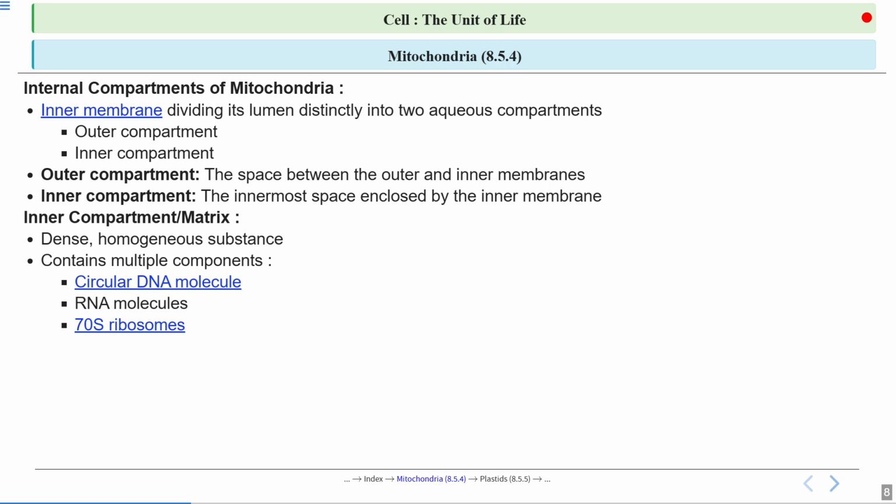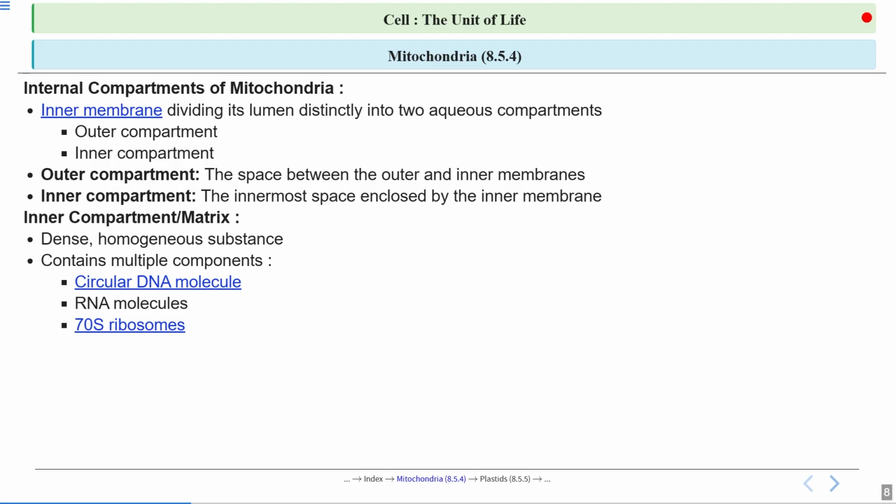So we can say that billions of years ago, maybe mitochondria was a bacteria that entered into the eukaryotic cell. And there was a symbiotic association between this bacteria and the eukaryotic cell.